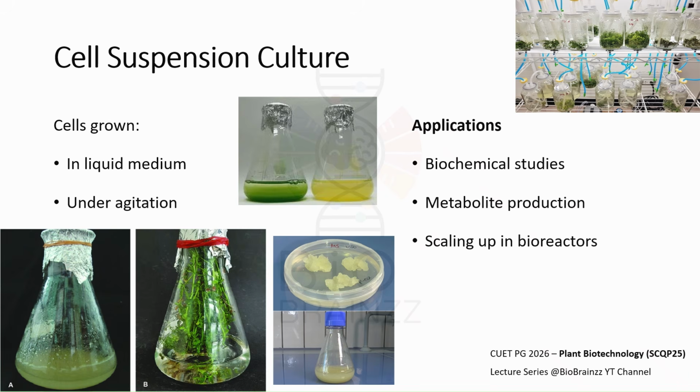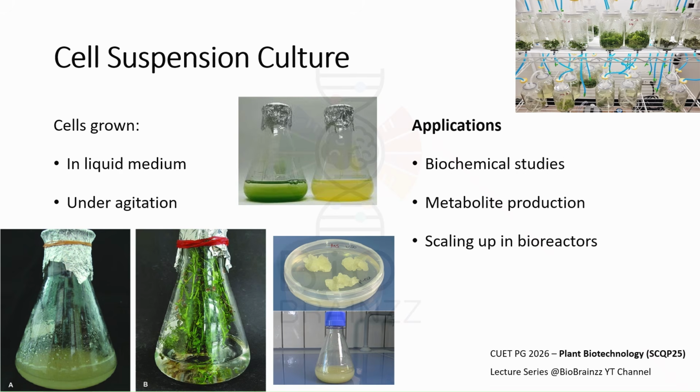In cell suspension culture, small clumps of cells or single cells are grown in a liquid nutrient medium, usually under constant shaking to keep them evenly dispersed and well oxygenated. Such cultures are generally derived from friable callus tissue that easily breaks apart in liquid medium.